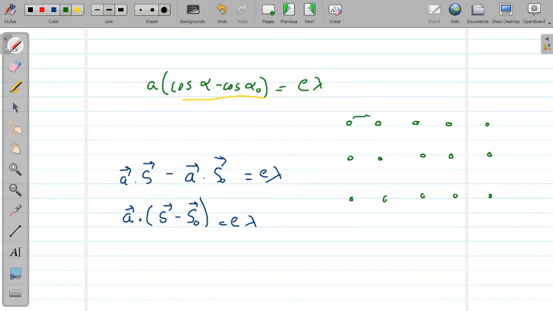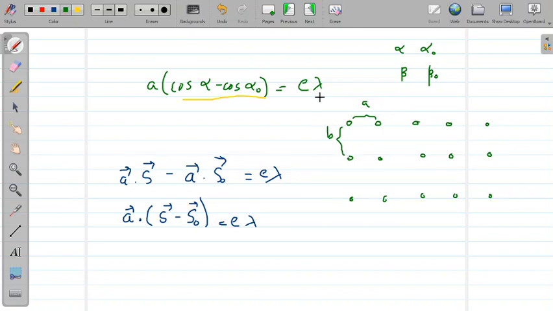So if A is the interplanar spacing or the lattice parameter along the first dimension and B is the lattice parameter for the second dimension, and similar to the angle alpha 0 that we defined in the first dimension, let us define another angle beta 0 in the second dimension.